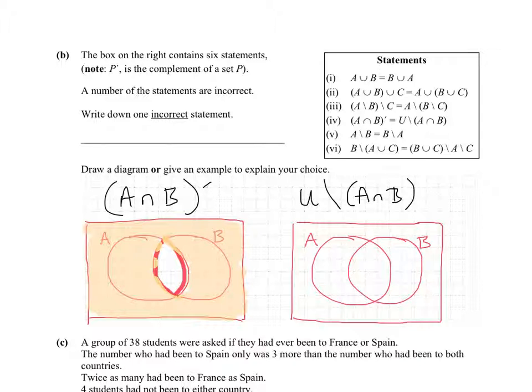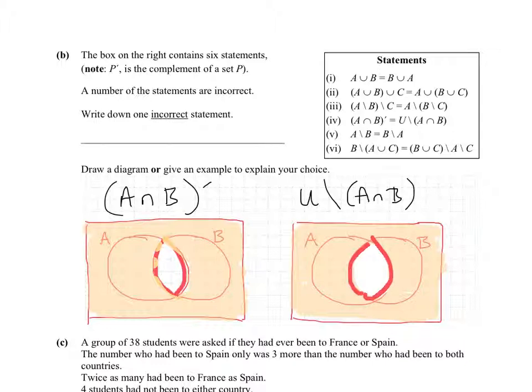And as I just described, that's basically the right-hand side. So we have the universal set, and we're going to take away the intersection. So if I imagine I've got the universal set, and from that area I'm going to less the intersection of A and B. So here's the intersection of A and B, and that section there is removed.